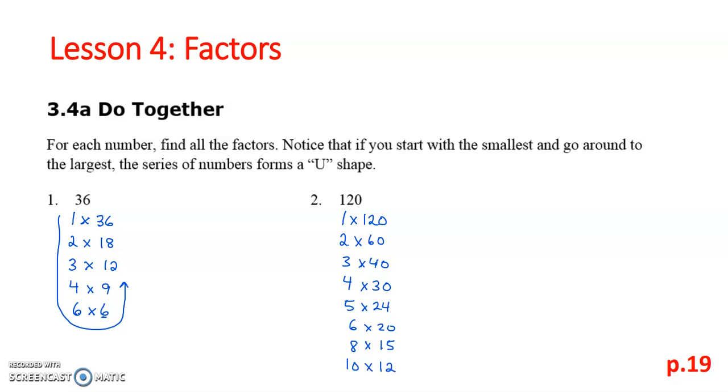That's a lot of factors for 120. If we wanted to write them in order in a list format, we'd say 1, 2, 3, 4, 5, 6, 8, 10, 12, 15, 20, 24, 30, 40, 60, and 120 are all factors of 120.